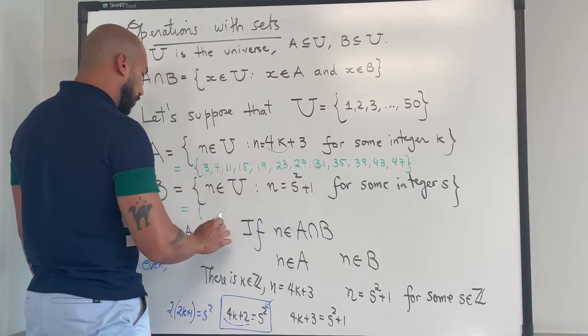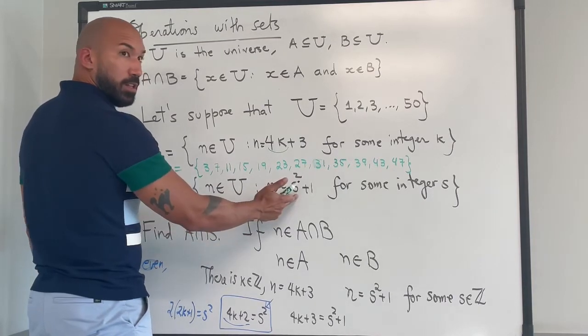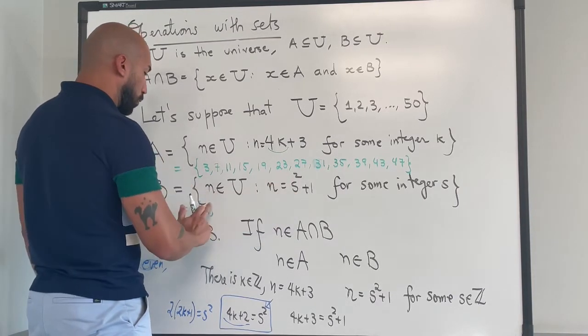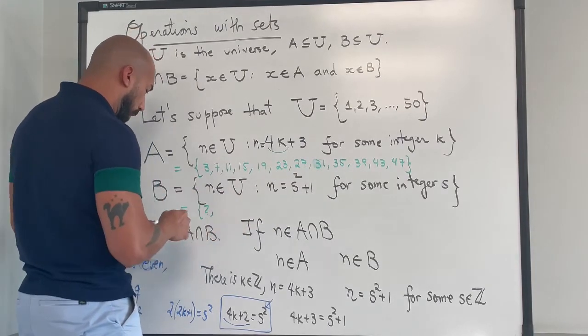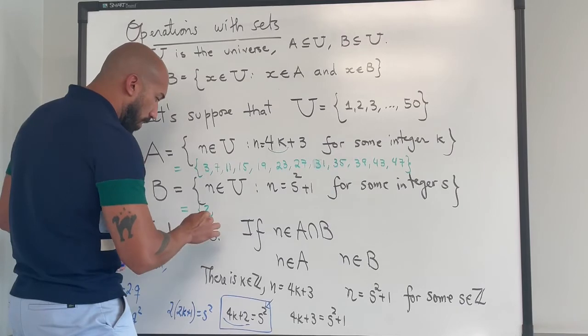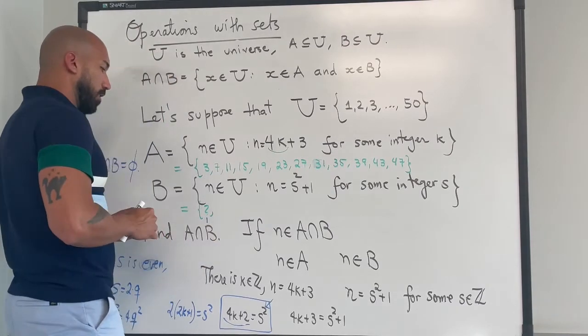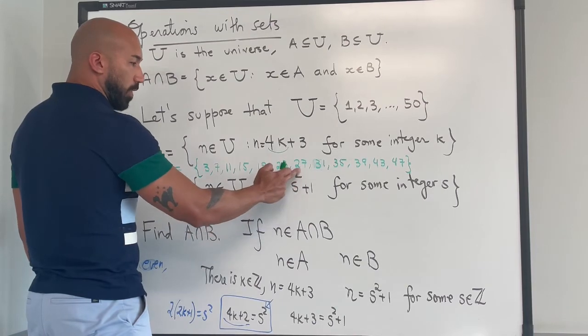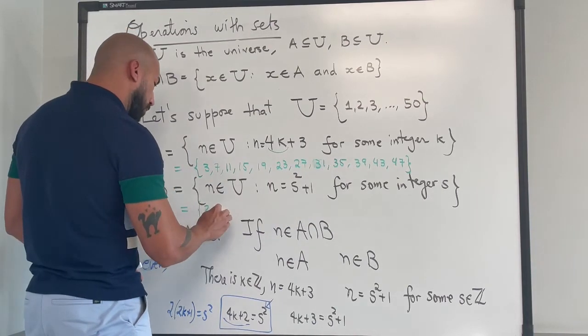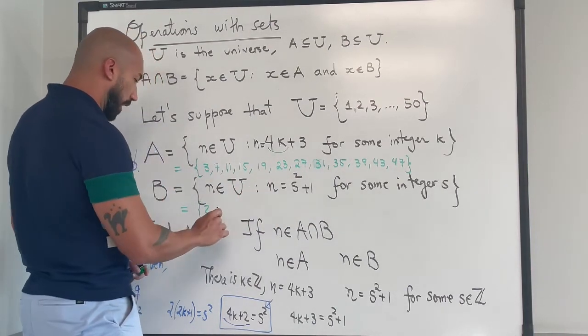So let's start with 0. We are going to get 0 plus 1, so this is going to be 1. I'm going to write the perfect square underneath. If we use s equal 1, this is going to be 1 plus 1, 2. Oh, right. We already had that.